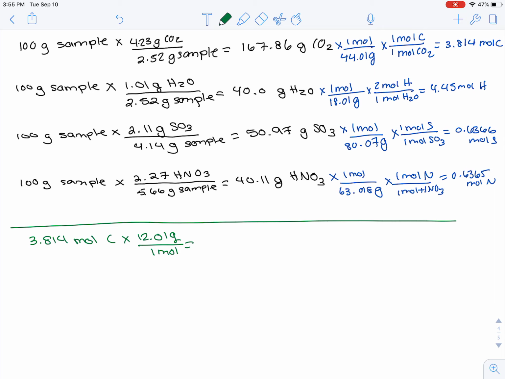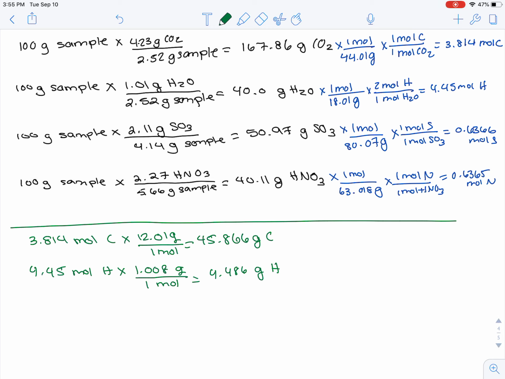We get 45.866 grams of carbon. 4.45 moles of hydrogen times the molar mass of hydrogen. We get 4.486 grams of hydrogen.